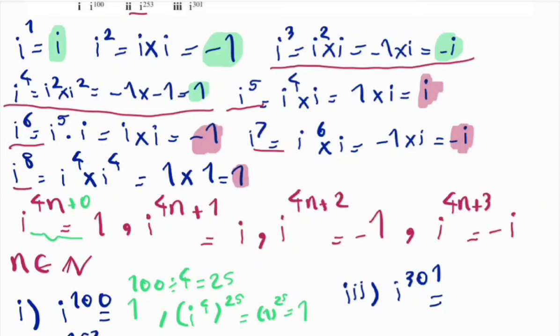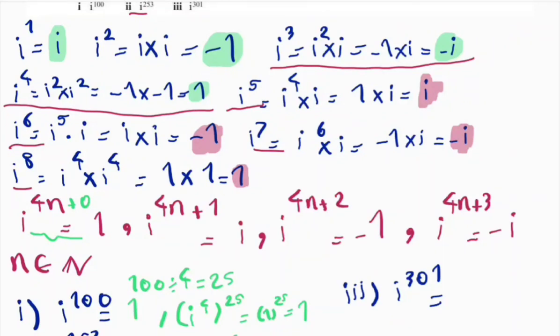Now, let's do the second one, which is 253. So if you divide 253 by 4, I'm sure that this won't have a remainder of 0. So we get 63 and a remainder of 1.